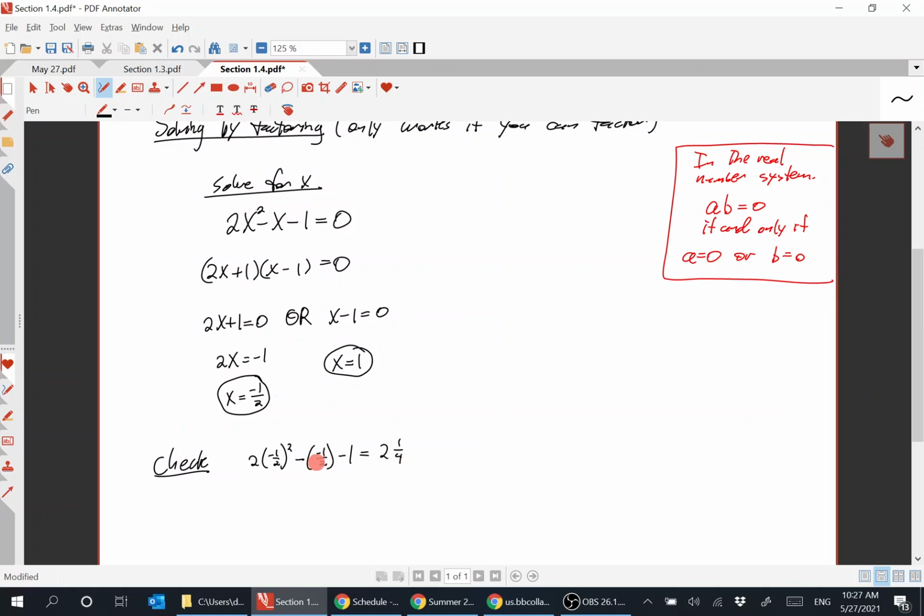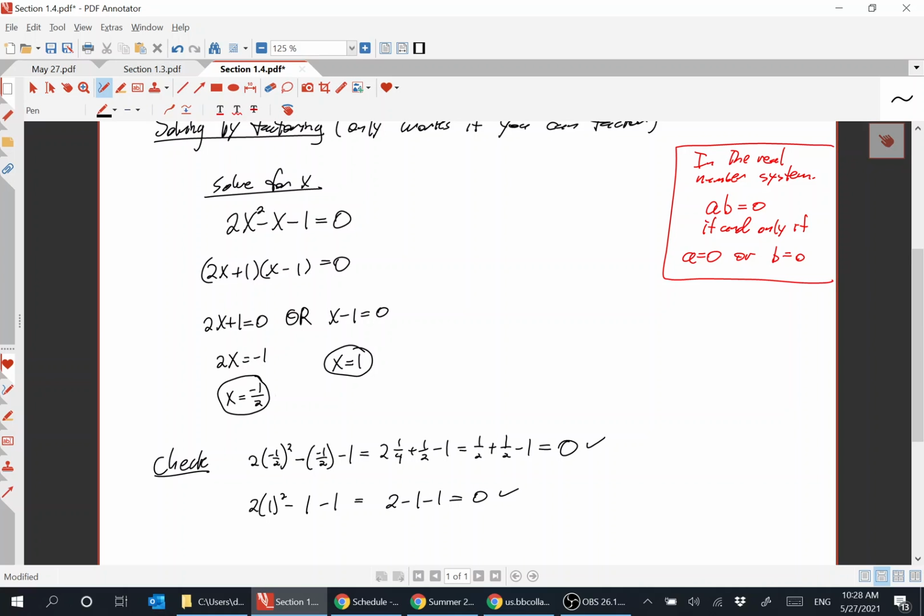Minus 1/2 minus negative 1/2 is plus 1/2 minus 1. 2 times 1/4 is 1/2, plus 1/2, minus 1. Well, that's equal to 0. And also x equal to 1: 2 times 1 squared minus 1 minus 1. This is 2 minus 1 minus 1, which is 0. There it is.